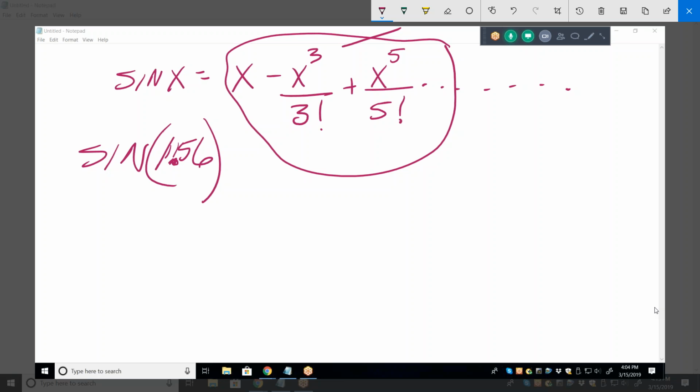It has an amazing accuracy rate. So you don't need to go out that far. What's the next term? Minus x to the 7th over 7 factorial plus x to the 9th over 9 factorial, so forth and so on. But you would be able to do it manually without a calculator using this.